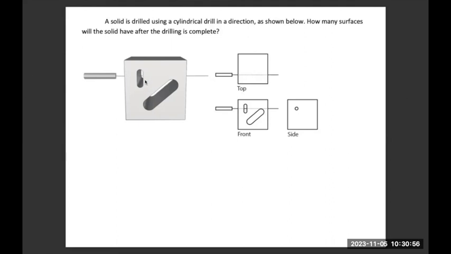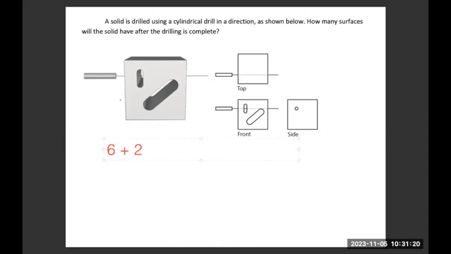You just have to think of the current position when the drilling has not happened. I'm just going to take that position first. When the drilling has not happened, the solid will have, one second, 6 surfaces plus one surface of the cutout and another surface of the cutout.